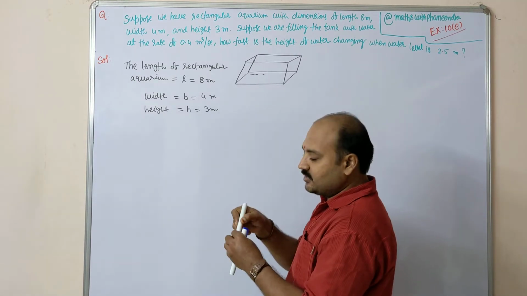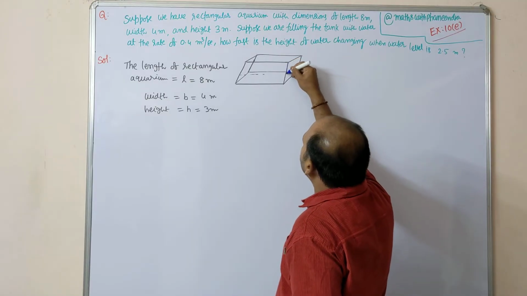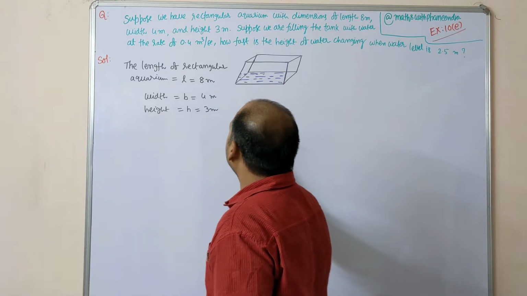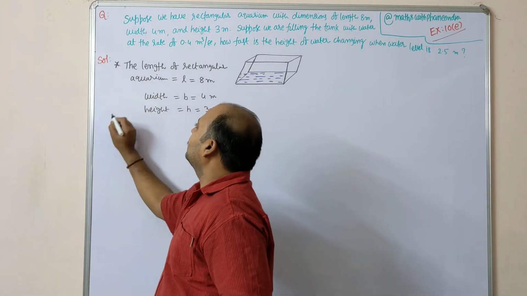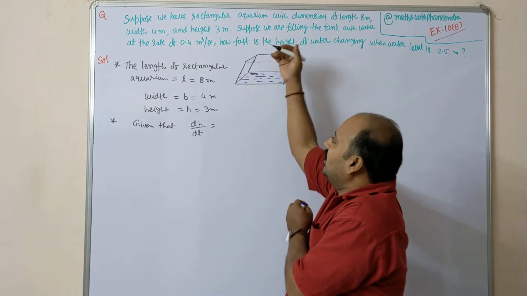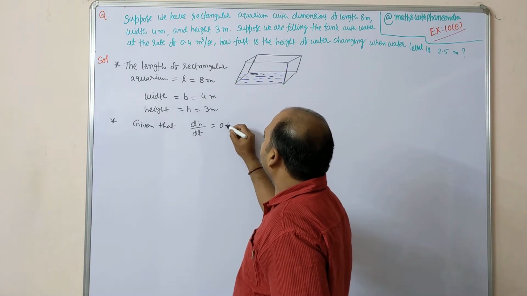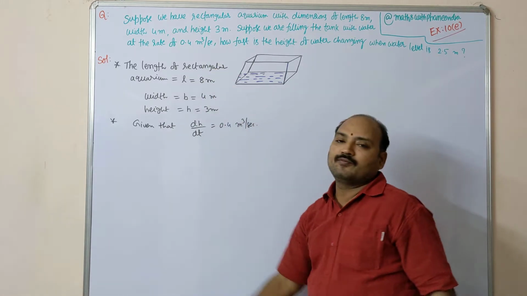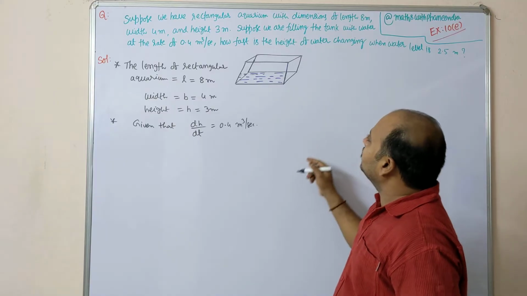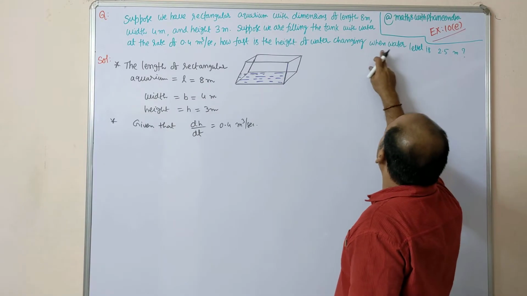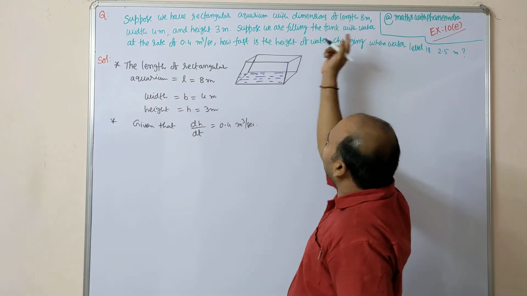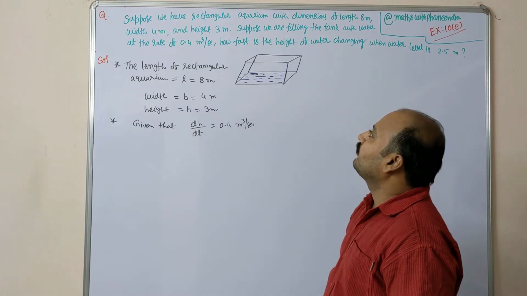Next, suppose we are filling the tank with water at the rate of 0.4 meter cube per second. Suppose water is filling this way, dear students. This is the height now, and the rate at which that height is filled is the rate of change given, this is the first step. Given that dV by dt, the rate of change of filling, is 0.4 meter cube per second.